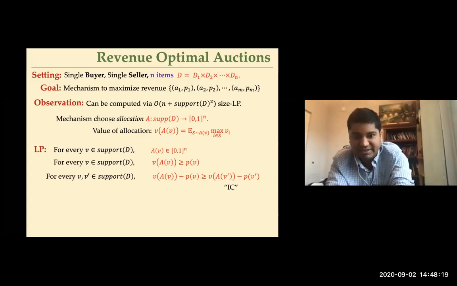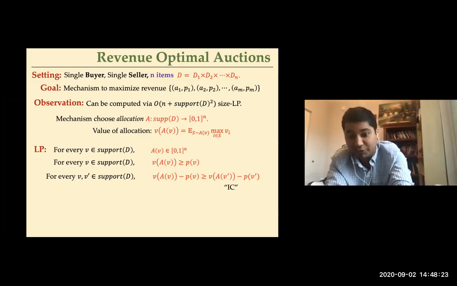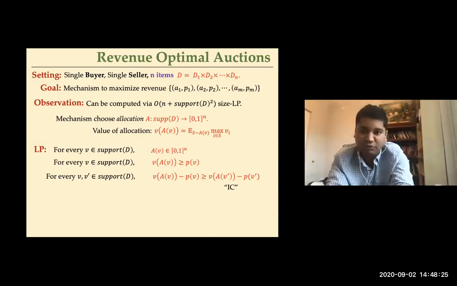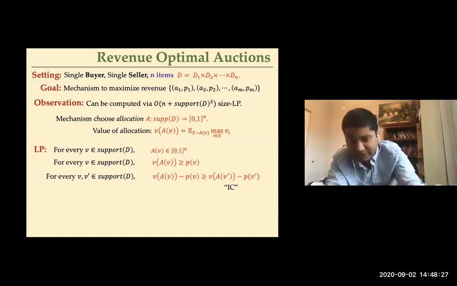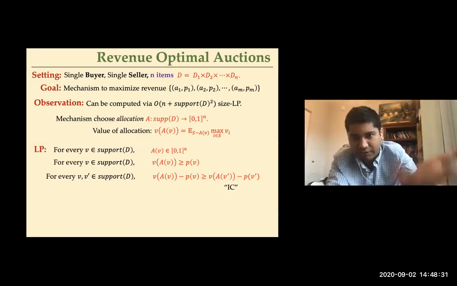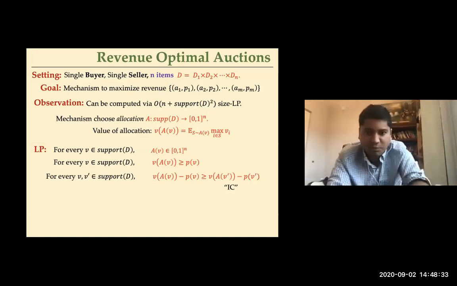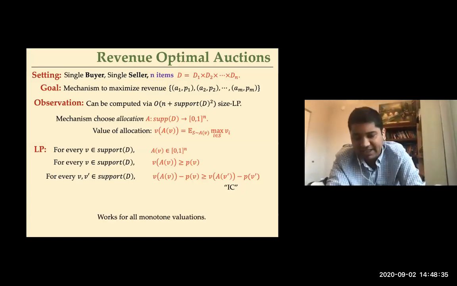This constraint says that my utility should be larger on the left, meaning if I tell the truth, my utility should be higher or at least not lower. Good. So this is an exponential size LP in any generic situation, whenever the support of D_i is at least of size 2. But at least it works, and that's what Myerson proved. In fact, of all possible monotone valuations, this LP gives the optimal mechanism.